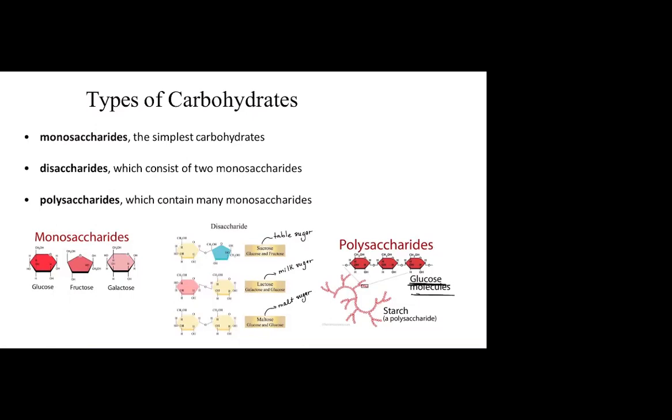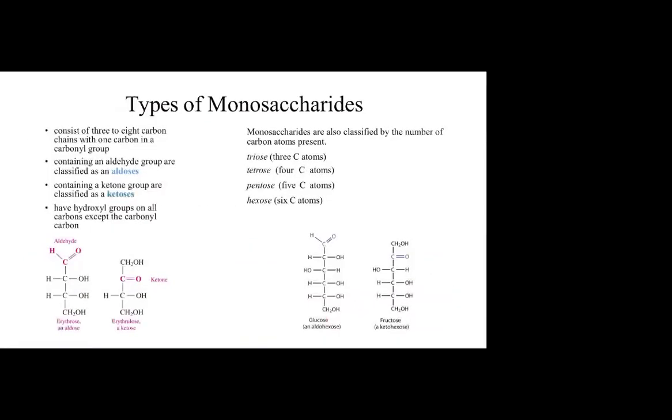Now, when it comes to classification, we can further classify our monosaccharides, and that is done by two things. Number one, the number of carbons in our monosaccharide. Again, we're talking about 1 unit of sugar.